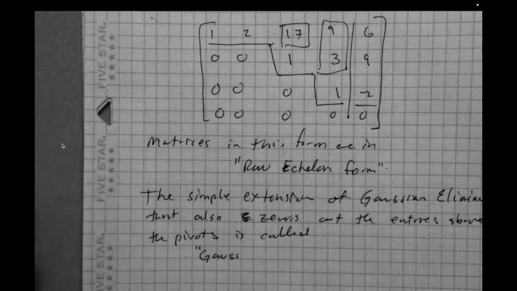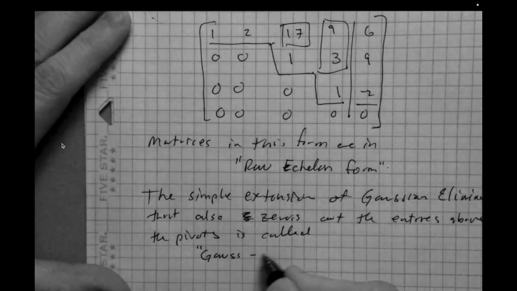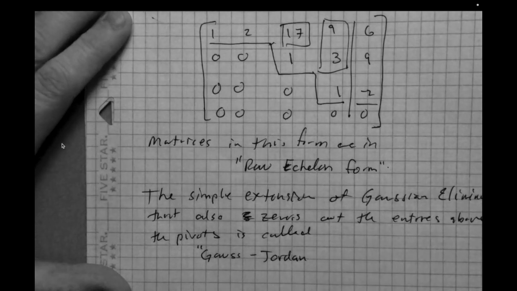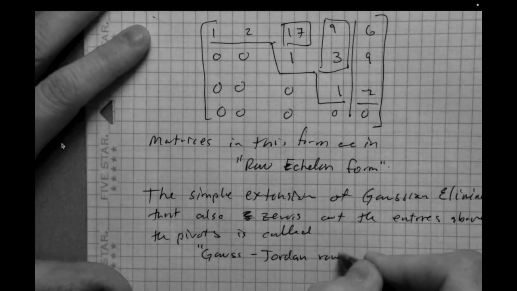Half of it is the Gaussian elimination, and the other part of it is the Gauss-Jordan row reduction.